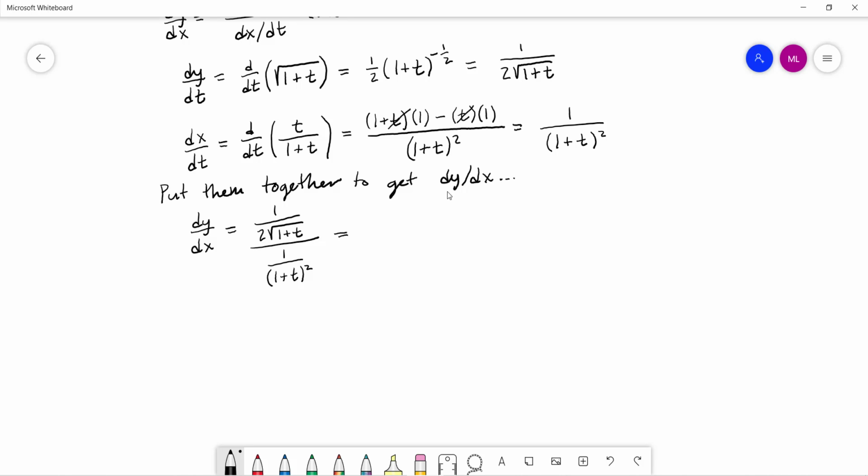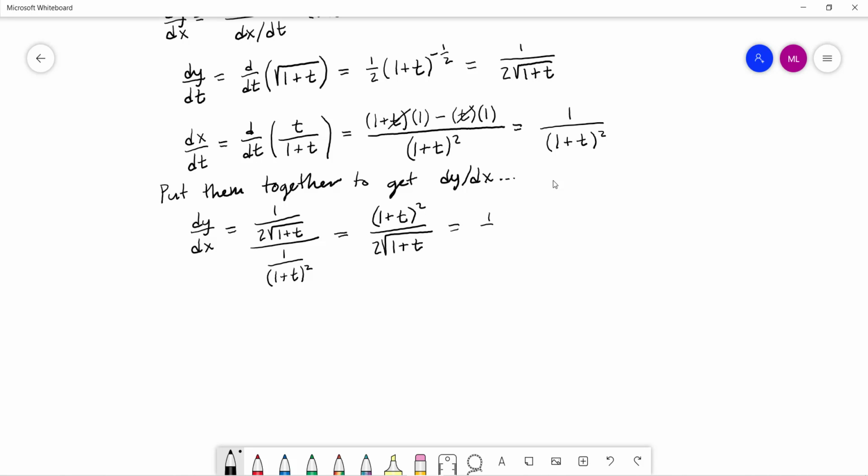Instead of having a fraction divided by a fraction, I'll do the fraction times the reciprocal, and we will wind up with 1 plus t squared in the top, and a 2 times the square root of 1 plus t in the denominator. We can write it that way. Or alternatively, you can recognize really we've got 1 plus t to the positive 2 power times 1 plus t to the negative 1/2 power.